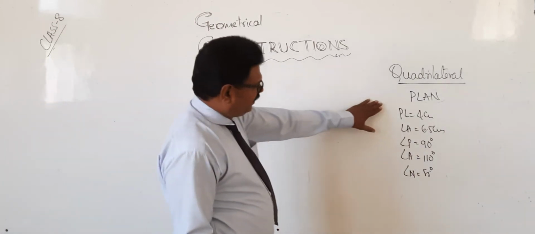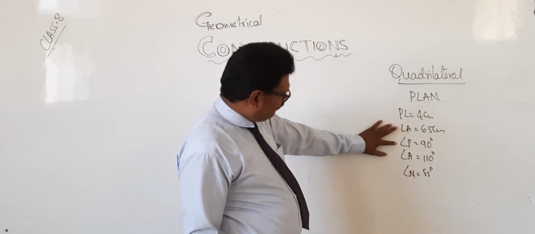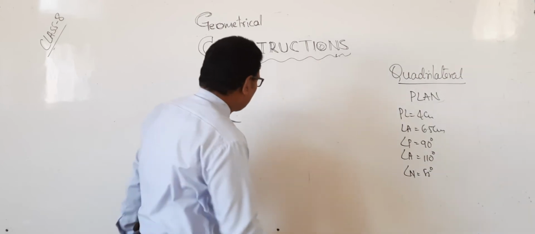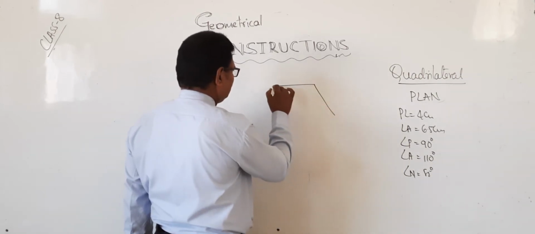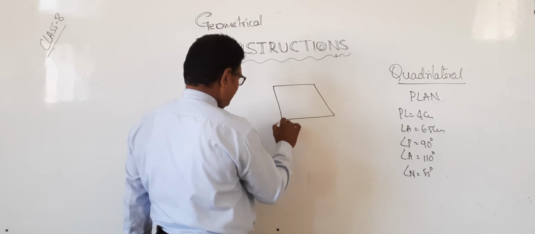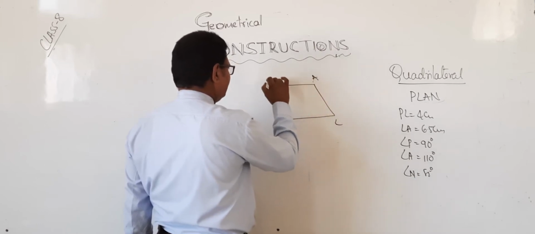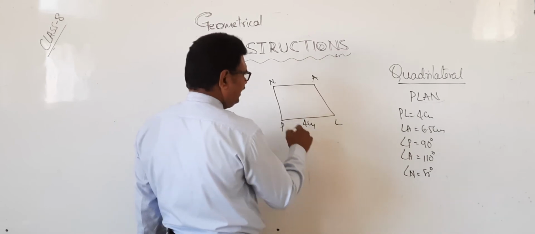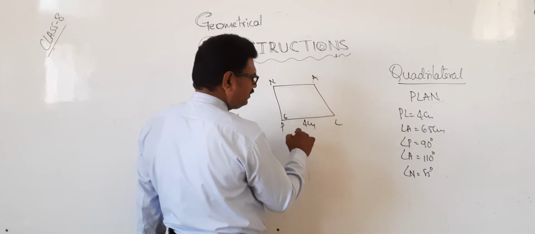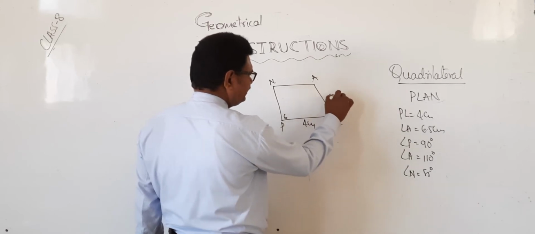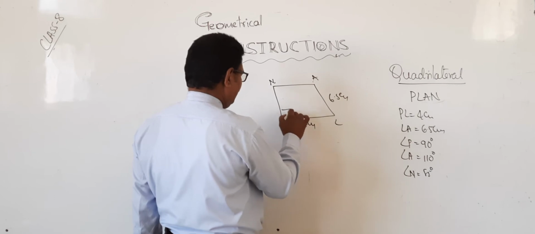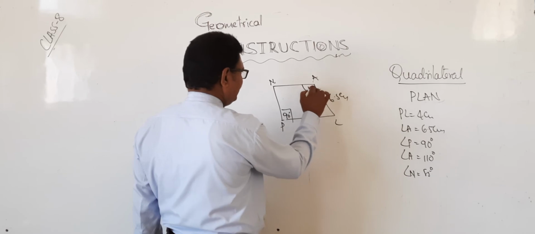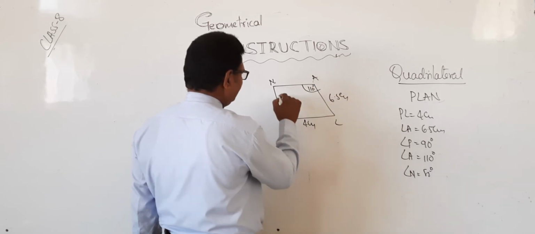Now we have PL, LA, angle P, angle A and angle N. First draw a rough diagram of quadrilateral PLAN.